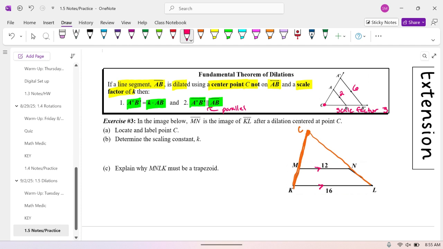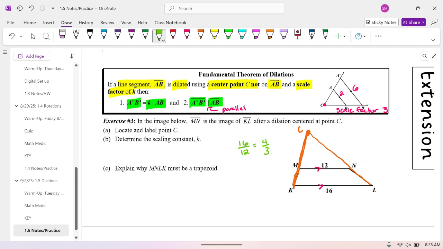Right. You can just write it as a fraction. So we go from image to pre-image to find that scale factor. So if you do 16 over 12, what does that fraction simplify down to? 8 over 6, which simplifies down to 4 over 3.